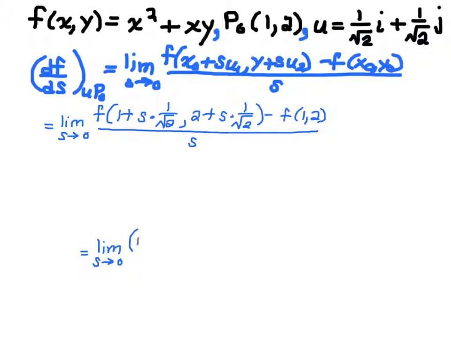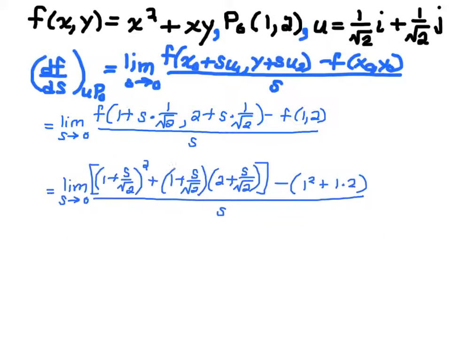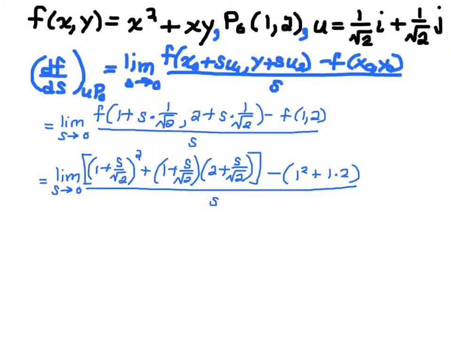We have 1 plus s over radical 2 squared plus 1 plus s over radical 2 times 2 plus s over radical 2, minus 1 squared plus 1 times 2, and this is all over s. And what do we get?